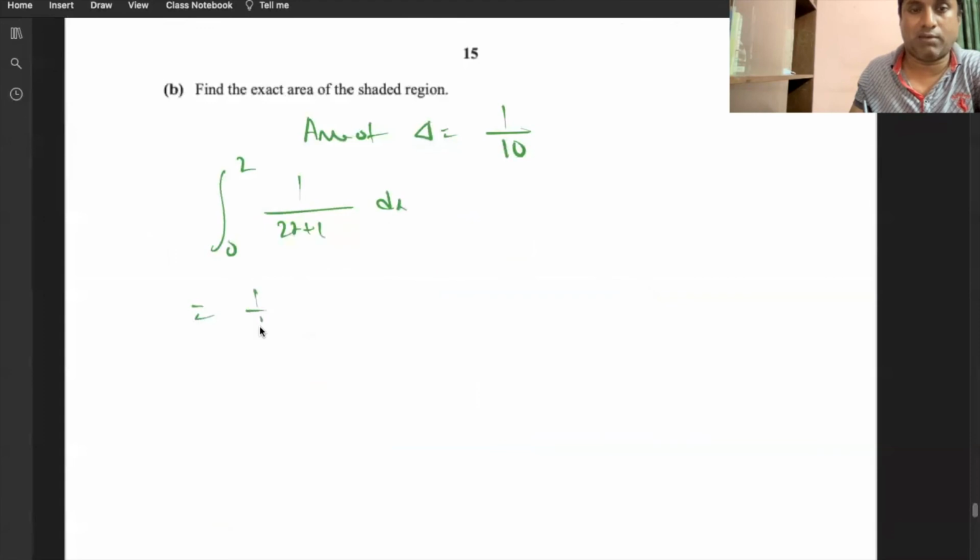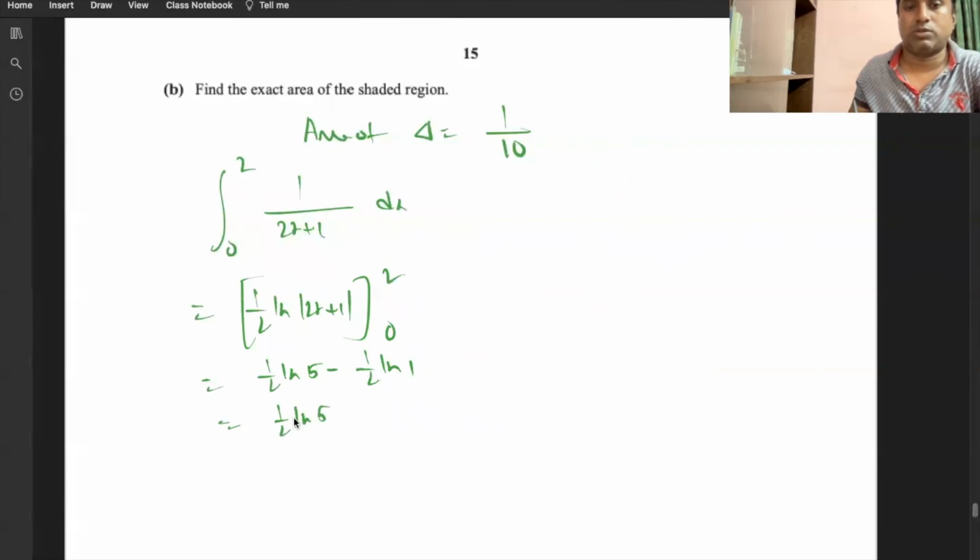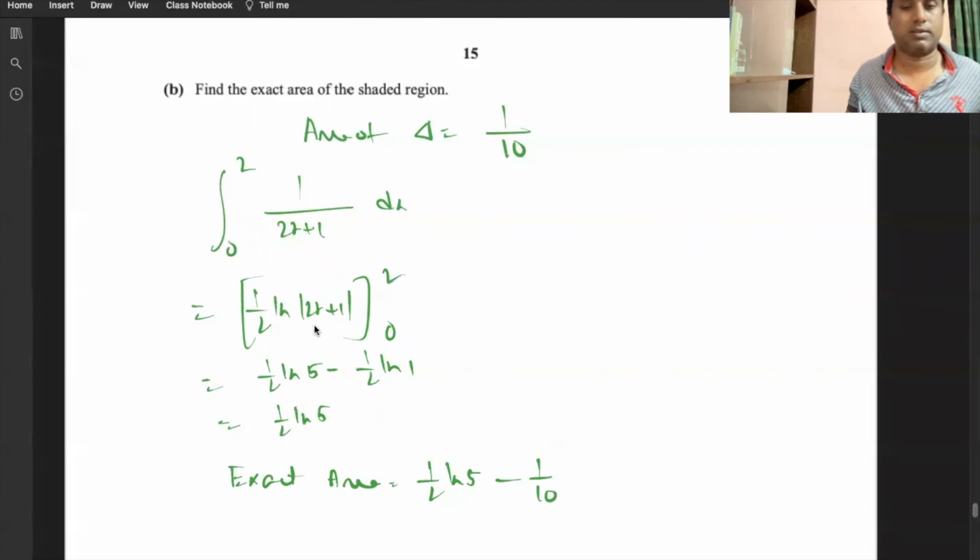We can write here half ln(2x+1). Using the limits, with 2 we get half ln 5, minus 0 for half ln 1, which is 0. So the exact area is 1/2 ln 5 minus 1/10. This is the answer.